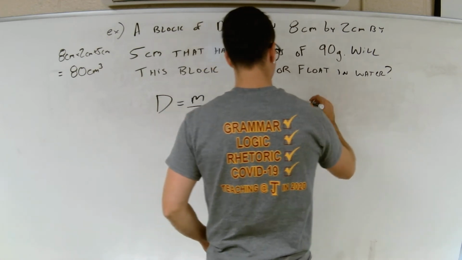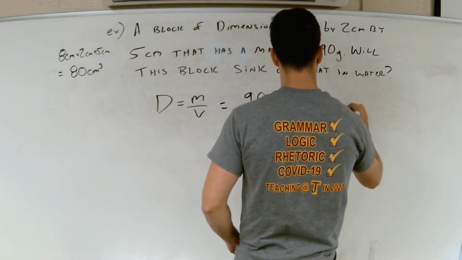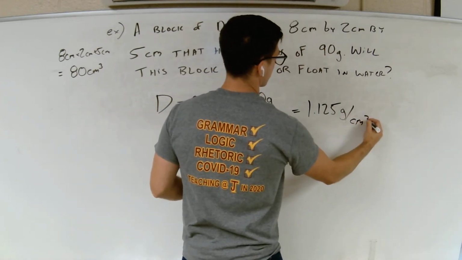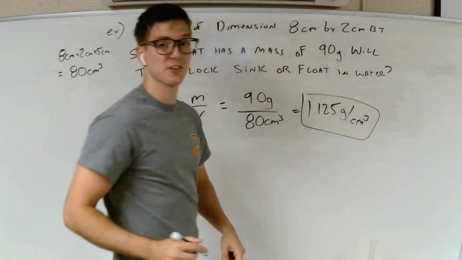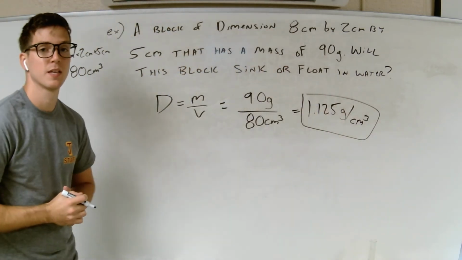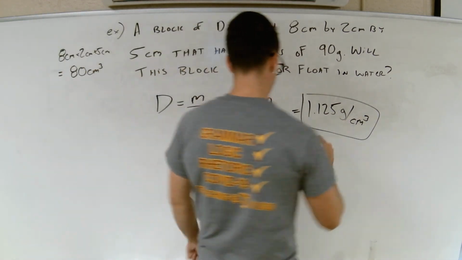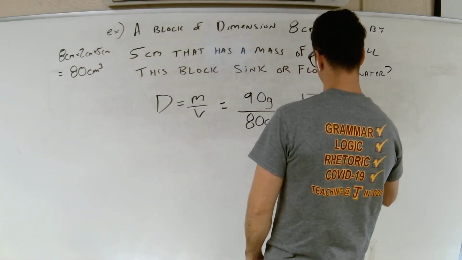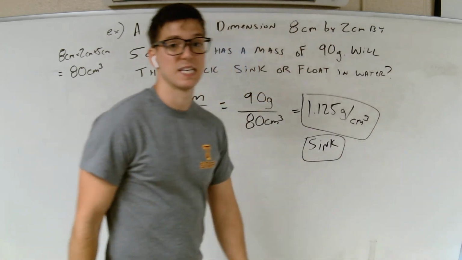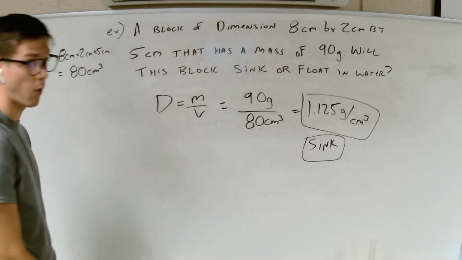So I will get a density of 1.125 grams per centimeter cubed. Right? And will it sink or will it float? It is going to sink. It's greater than 1. Anything greater than 1, it better sink. In water, that is.